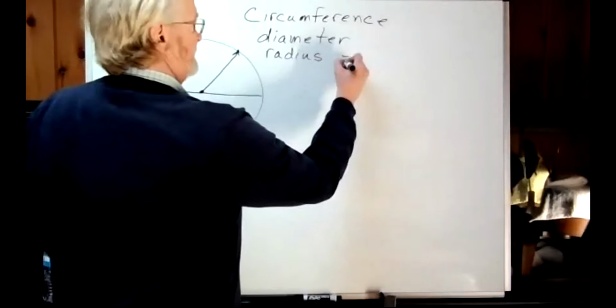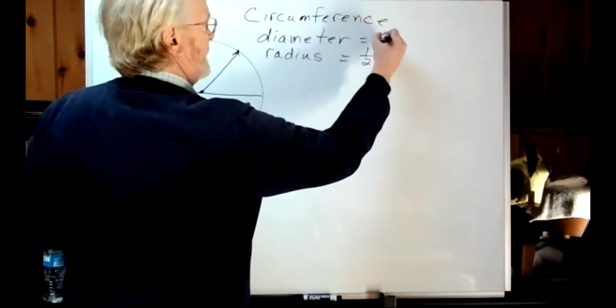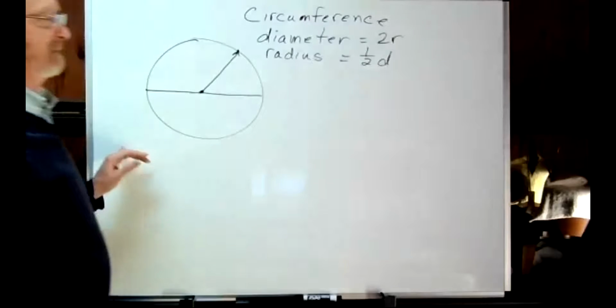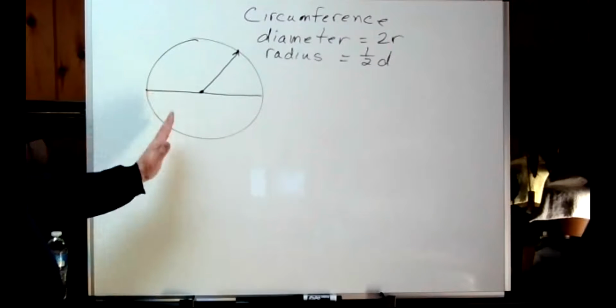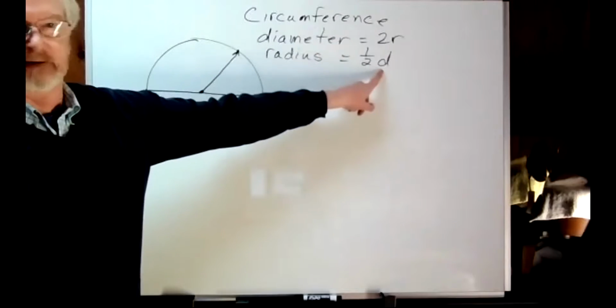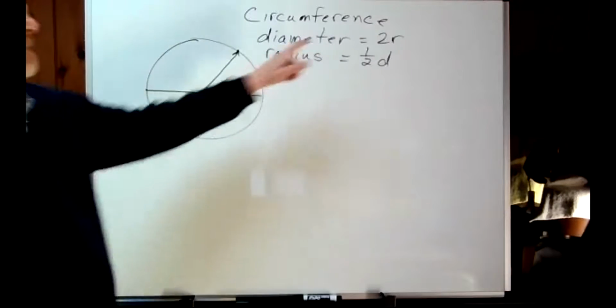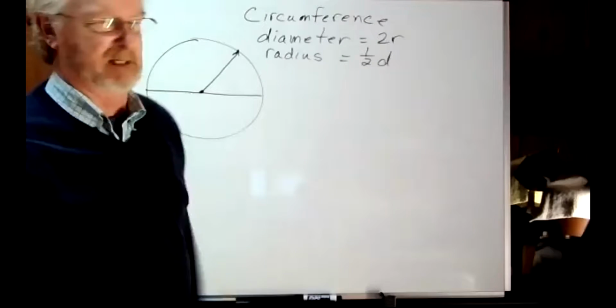The radius is 1/2 the diameter, or the diameter is twice the radius. Those two make sense going opposite directions, right? Half the diameter is the radius, or twice the radius is the diameter. Depends on which direction you're thinking about it.